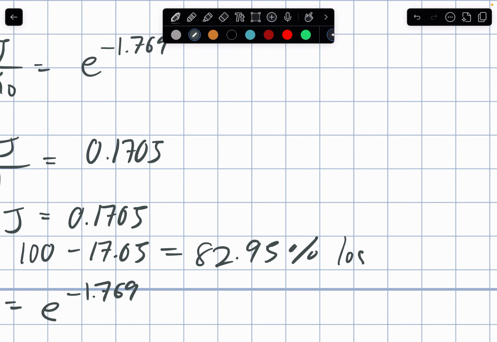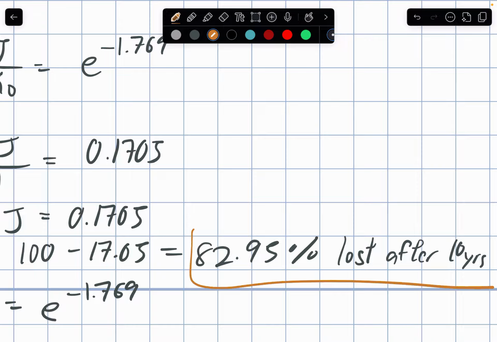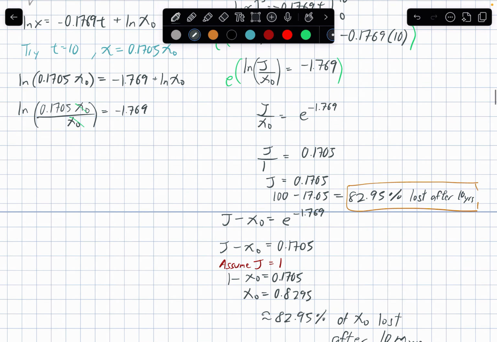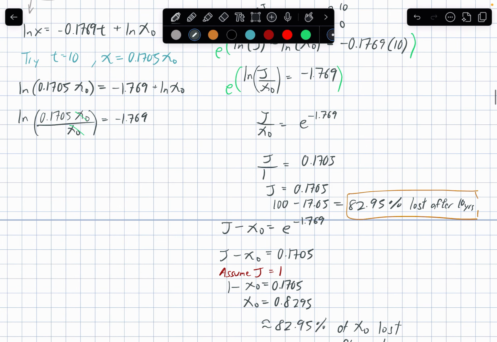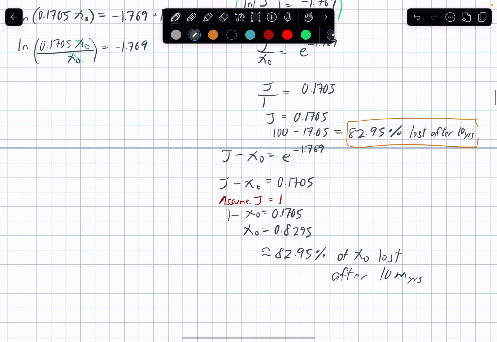So that is what's lost after 10 million years. I think that holds the answer to our question.